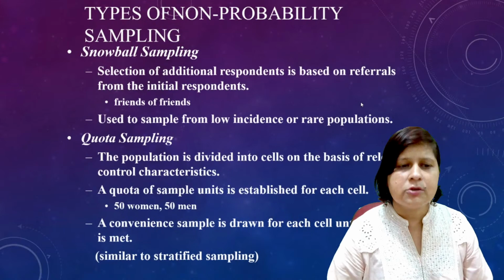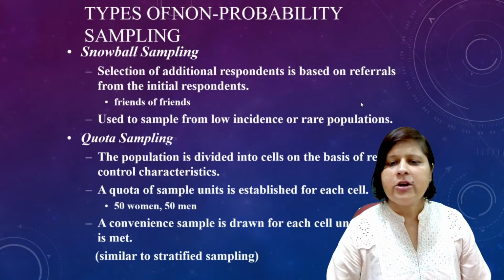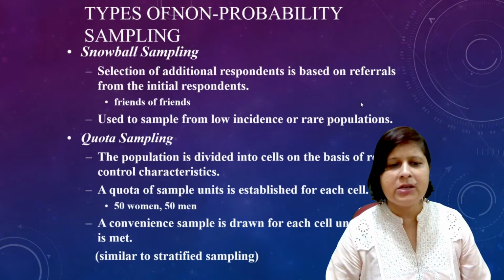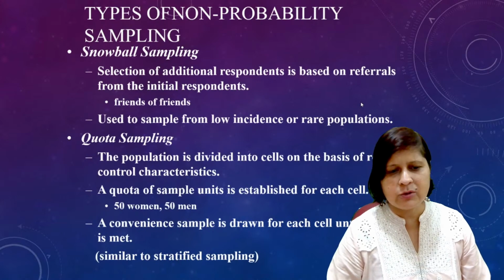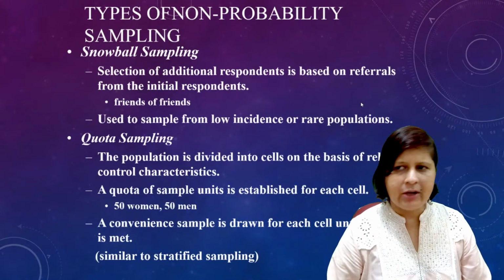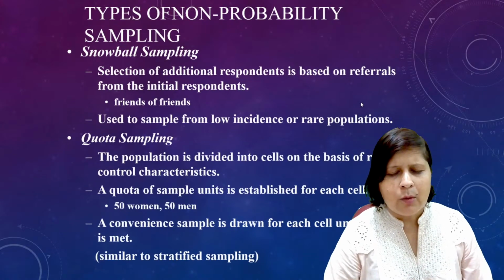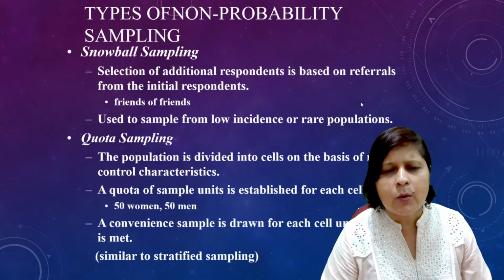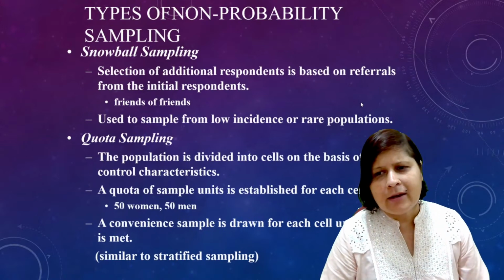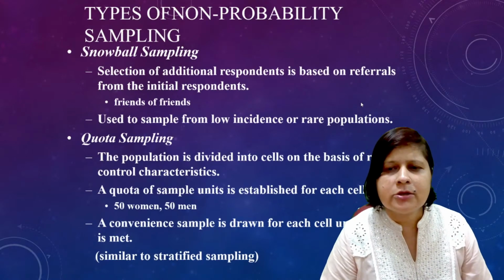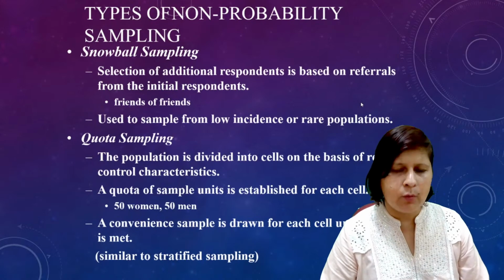Next is snowball sampling. Selection of additional respondents is based on referrals from the initial respondents. Suppose, friend of a friend. I want to carry out a study of parents who have given birth to twins, or even more than one.